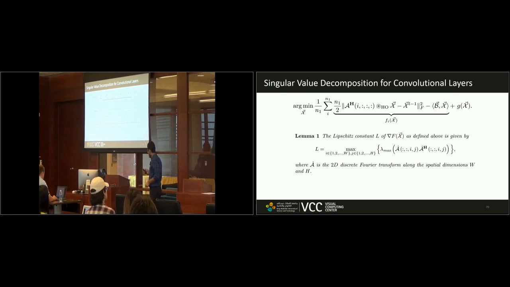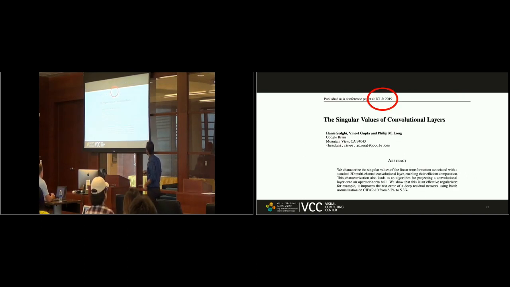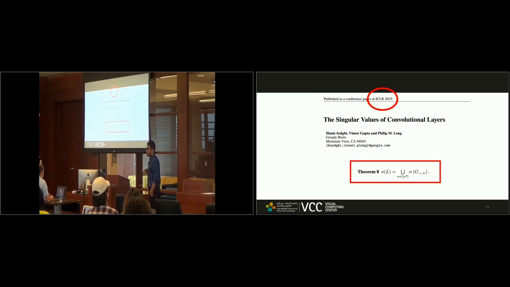But what is even more interesting is that this operator can be used for the first time to get the singular value decompositions of convolutional layers as well. This work was submitted and accepted in ICLR 19, and to our surprise, there was a paper also accepted in ICLR 2018 with precisely the title singular values of convolutional layers, and it turns out they derive exactly the same result.